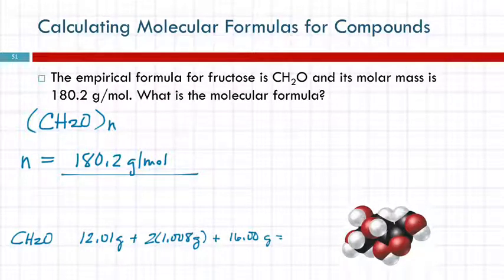So 12.01 plus 2 times 1.008 plus 16 equals 30.026. And the units on that would be grams per mole. So I'm going to take this mass that I calculated and put it in the denominator here.